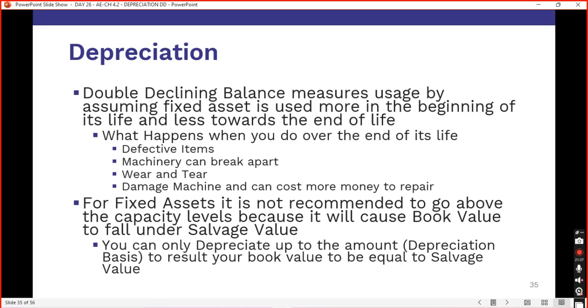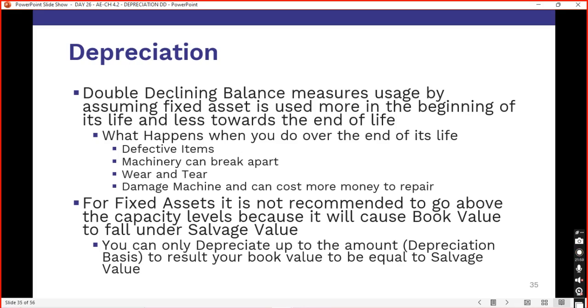But at the end of the day, especially when technology is involved, this is more geared towards electronics, because typically with electronics you would use double declining. Because of technology being involved, it shouldn't even barely last you 7 years.